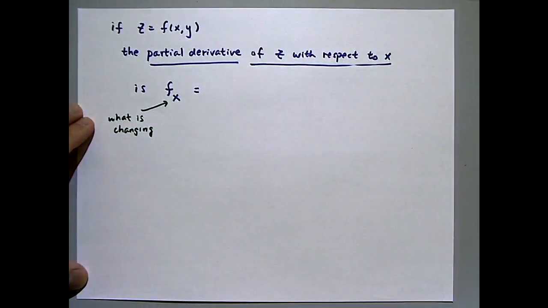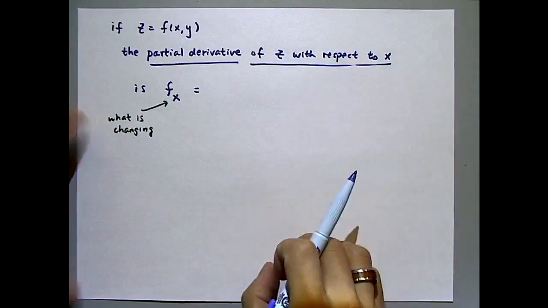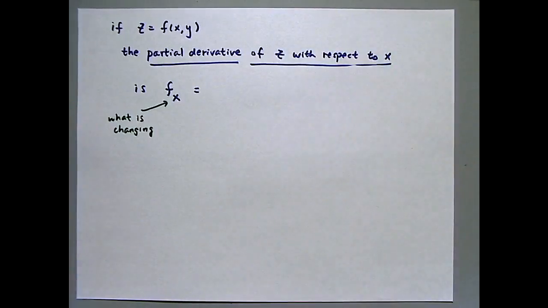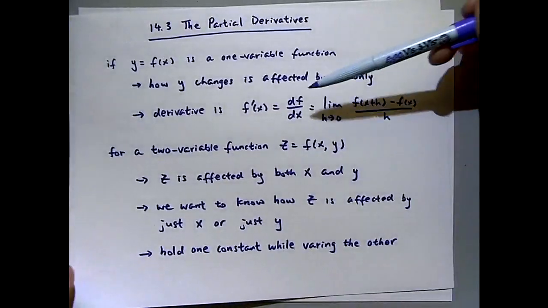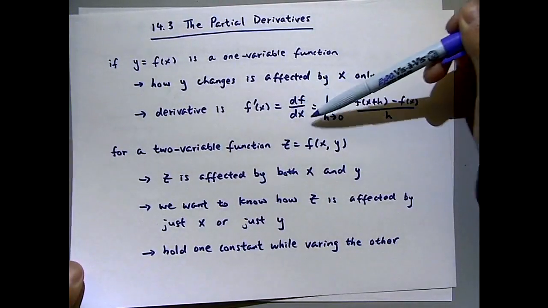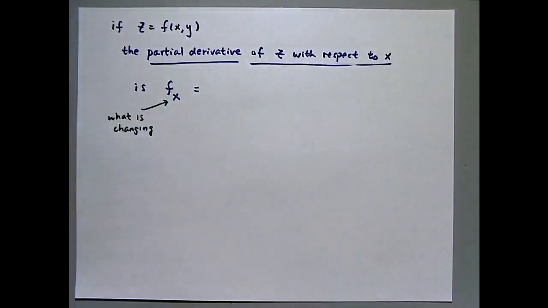And this is also written this way. In the old derivative notation, we use df dx. Now we have two variables going on, so we use a different kind of d.